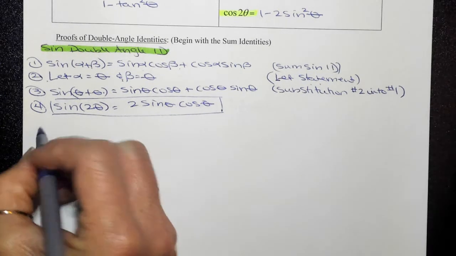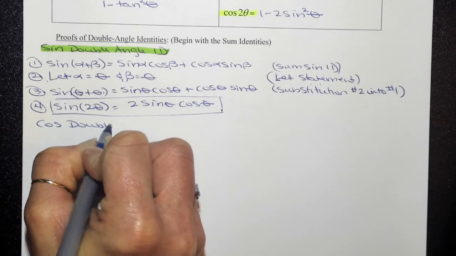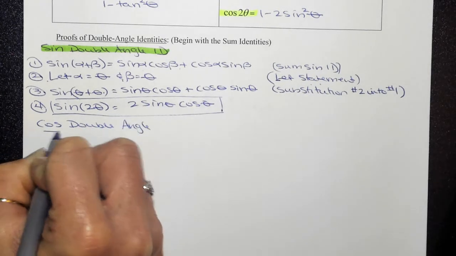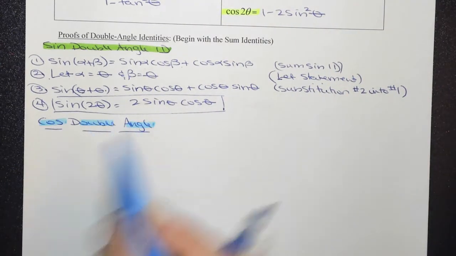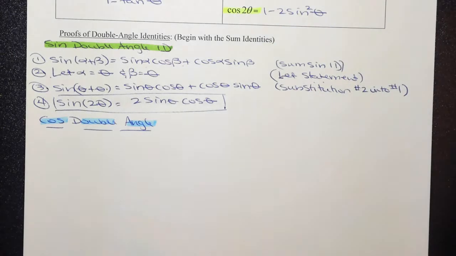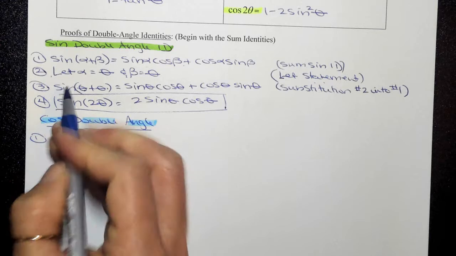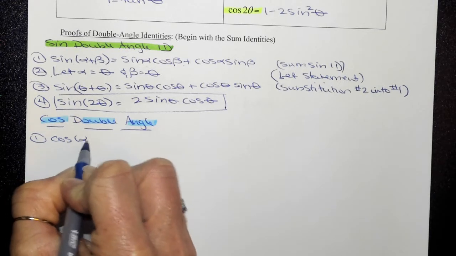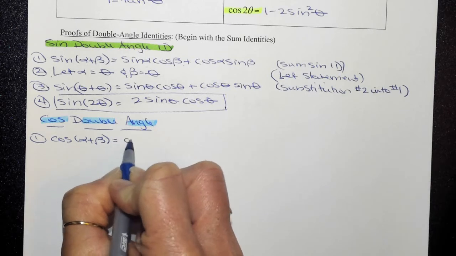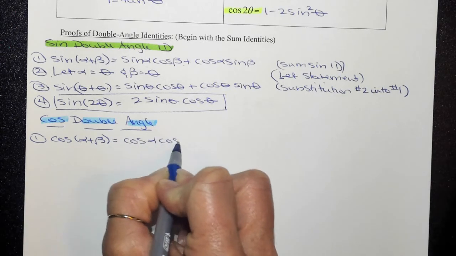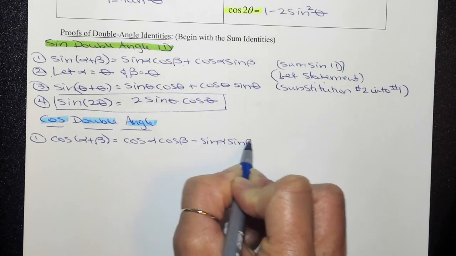Okay, the double angle for cosine. So we're going to do the same thing. We'll start with the sum for cosine. So cosine of alpha plus beta, remember this one's a little bit different, is equal to cosine alpha cosine beta minus sine alpha sine beta.